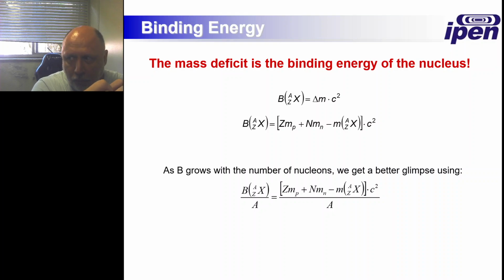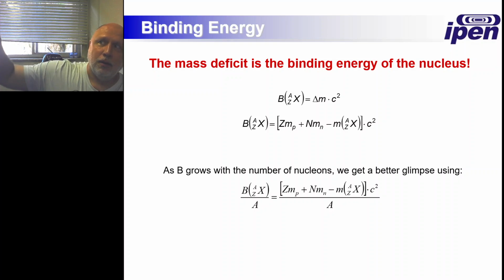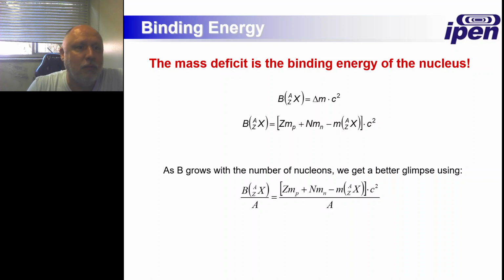Because when we put things together, some energy was released, meaning some energy was lost by the nucleus, and remembering that mass and energy are the same. If we want to conserve energy, we think conserve mass plus energy. If I eliminated some energy, I diminished the mass of this. So essentially, the mass deficit is the binding energy of that nucleus, right?